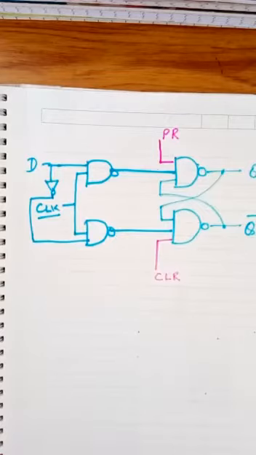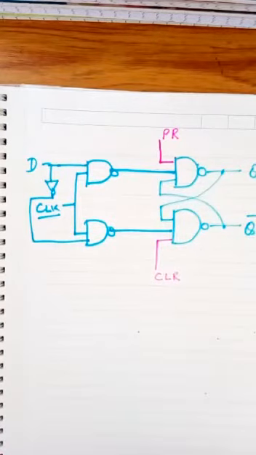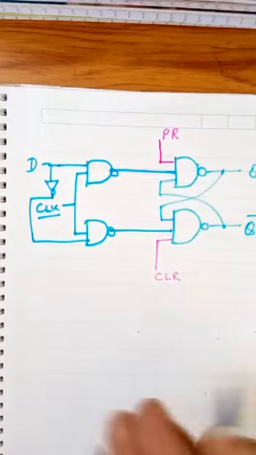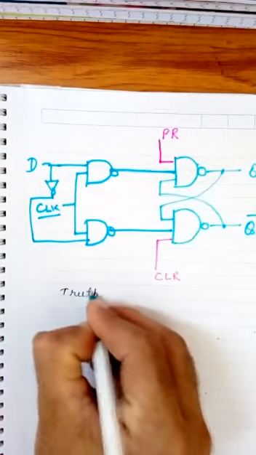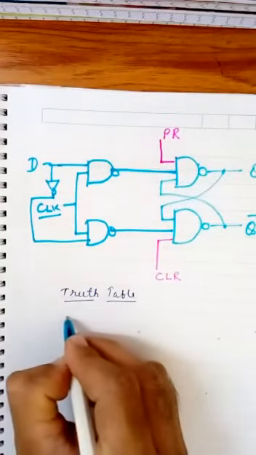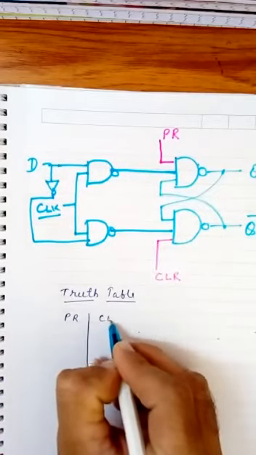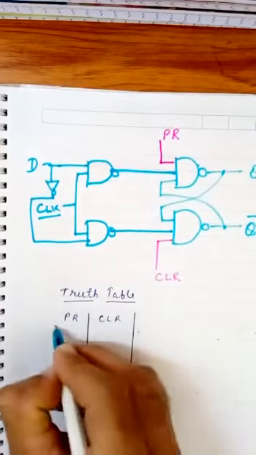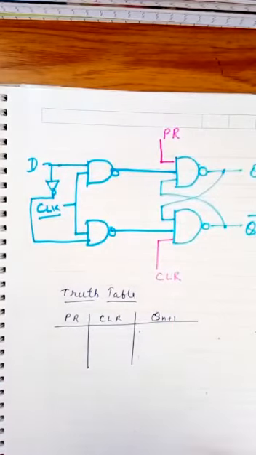Now what will happen if we collectively use them? Then in that case, if we see the outputs, this is preset, this is clear, and this is your Qn plus 1.